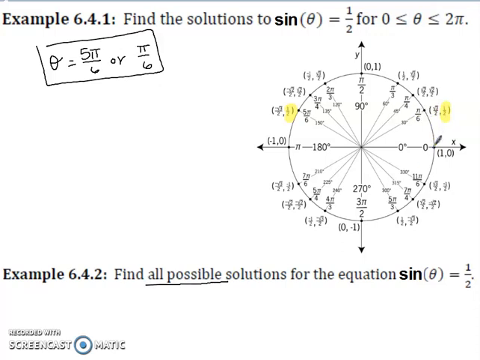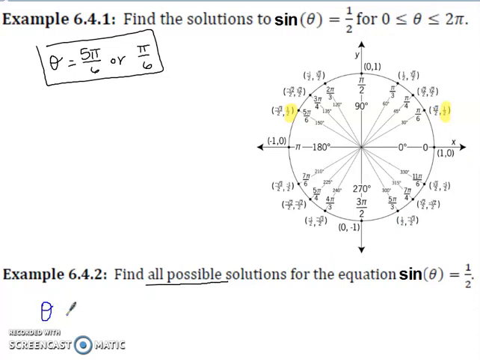Or I could make a full 2 pi rotation and then land at my pi over 6. Or, as we've talked about before, I can make 2 rotations around my unit circle and then end at pi over 6. I can make as many rotations as I would like around my unit circle as long as I end at pi over 6.